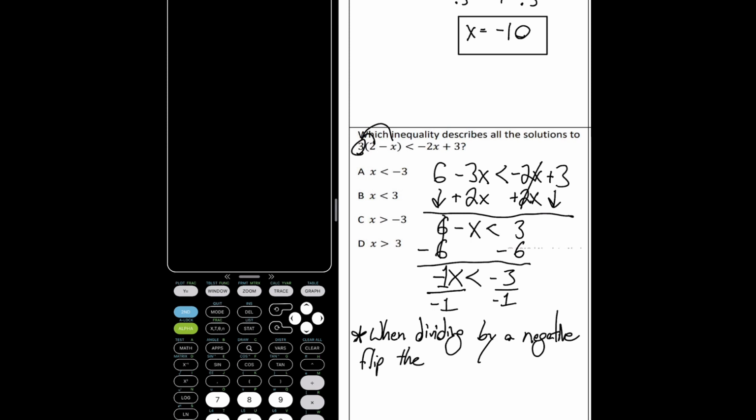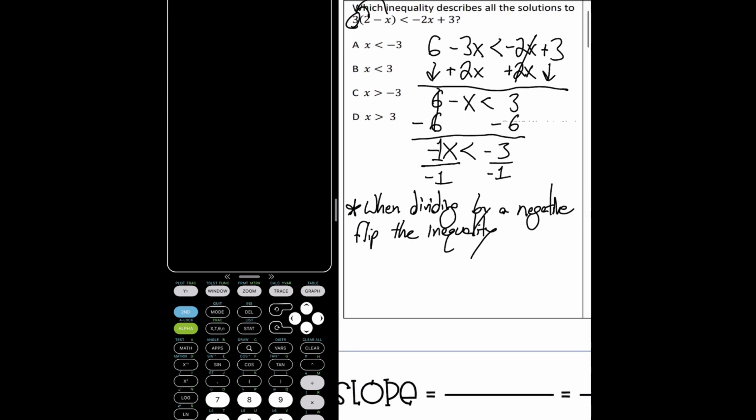So now instead of pointing to the left, it's going to point to the right, and it's going to become a greater than sign. So x is now greater than negative 3 divided by negative 1, which is a positive 3. Again, use your calculator if you're unsure of your negative rules. x is greater than positive 3. So I look, and that's going to be choice D.